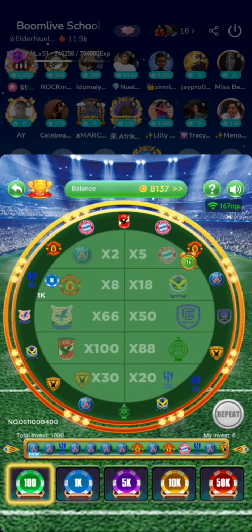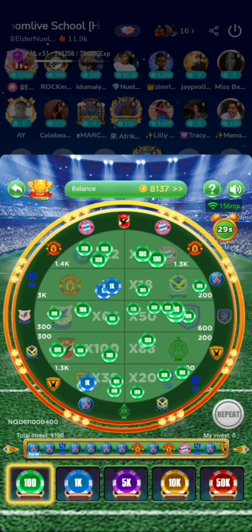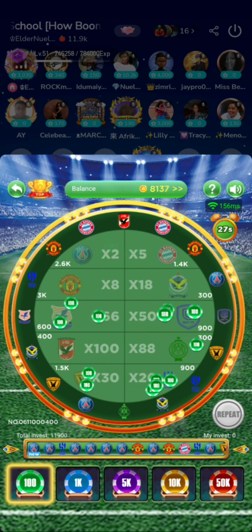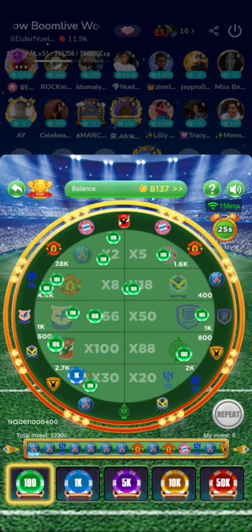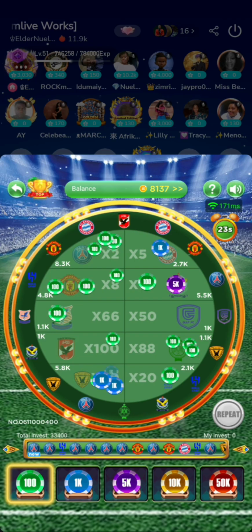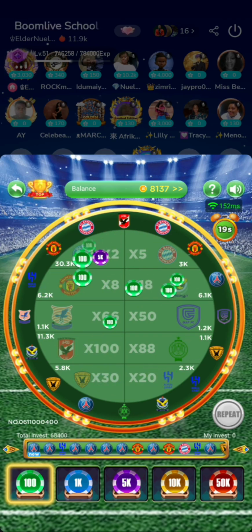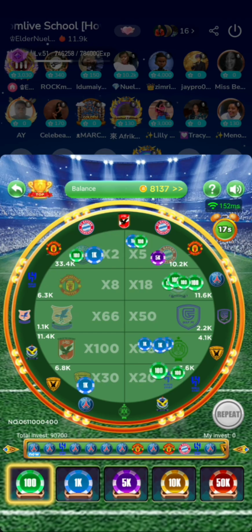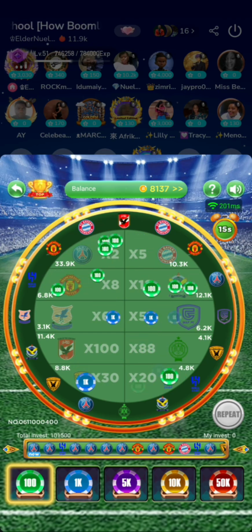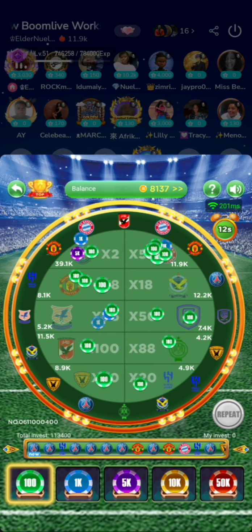The number that comes most is 2. So people can be staking on times 2 and be winning with times 2. But there are times when the trend goes up and big numbers start coming. There are times where times 2 used to be scarce.